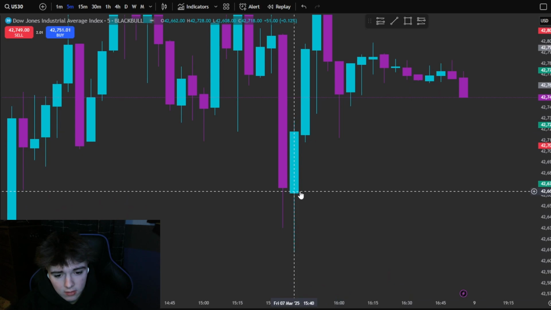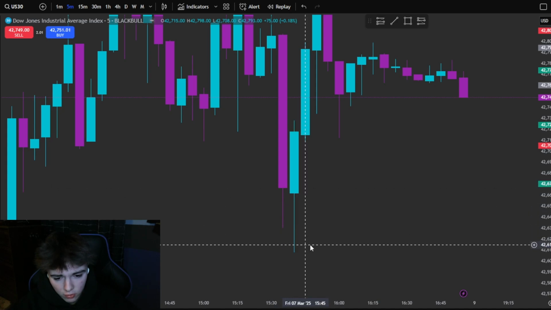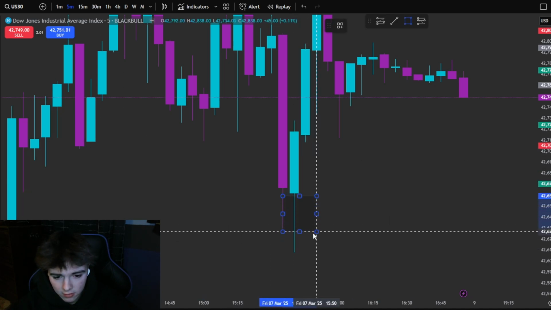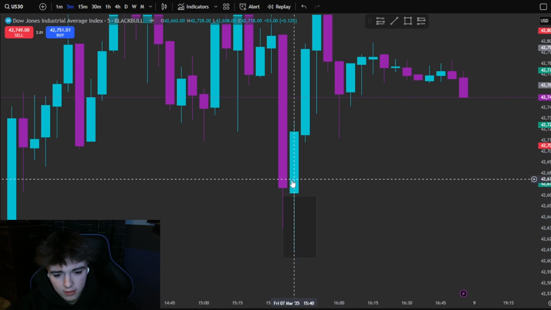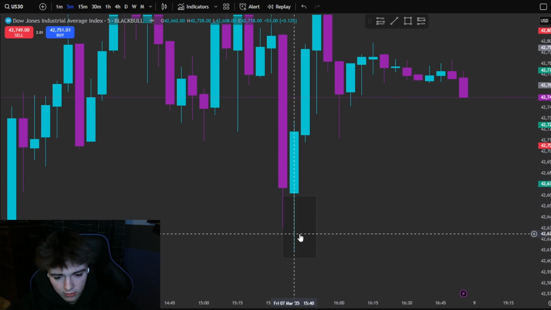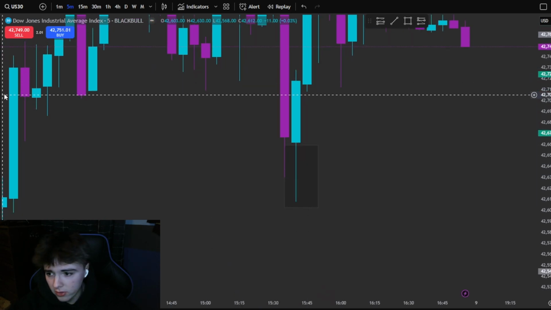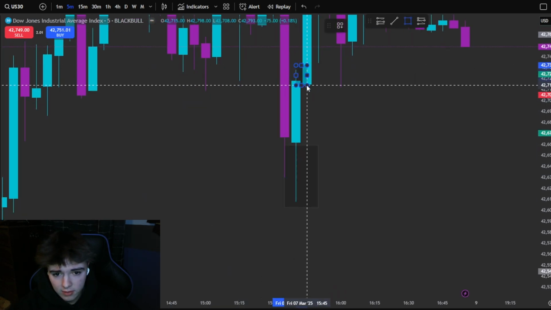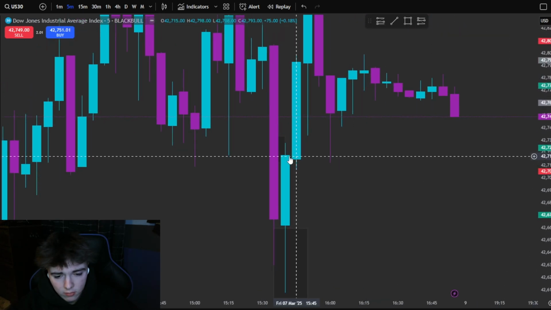So you can see here, we open here on the bottom part of the body. Within this 5-minute time period, we pushed all the way down here, left this wick right here. So at some point within this 5 minutes, price was in this whole area, pushed back up, price was in this whole area within these 5 minutes, right? And then we ended up closing at the top of this body right here.